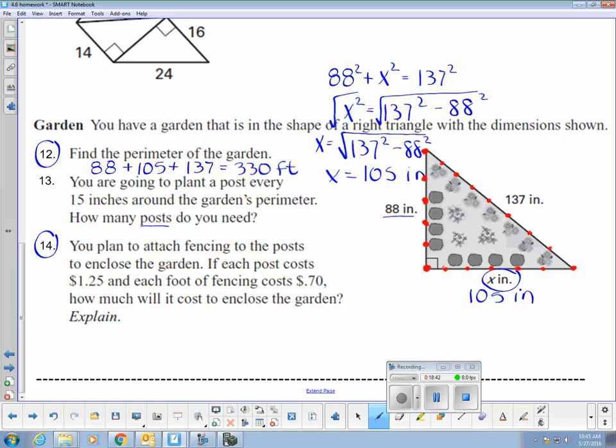There's the 9th one right there. So if I go around and count up the number of posts, I believe I counted 19.